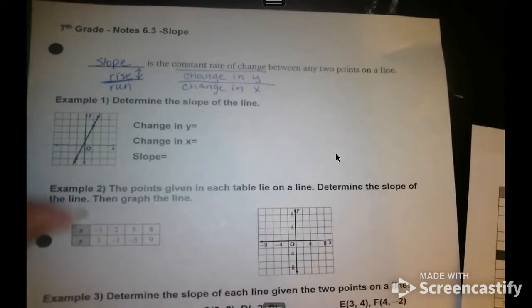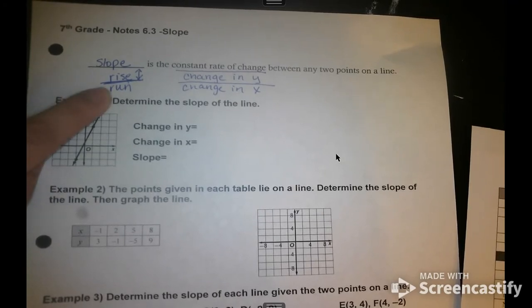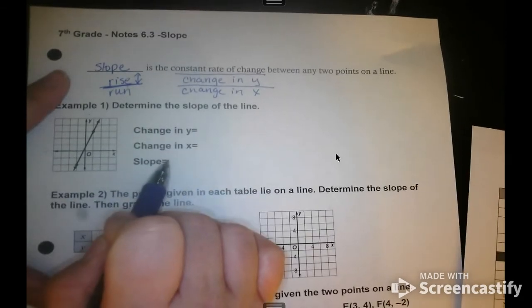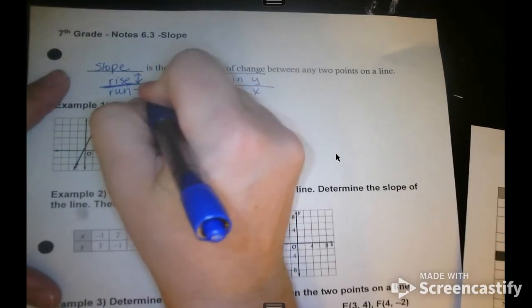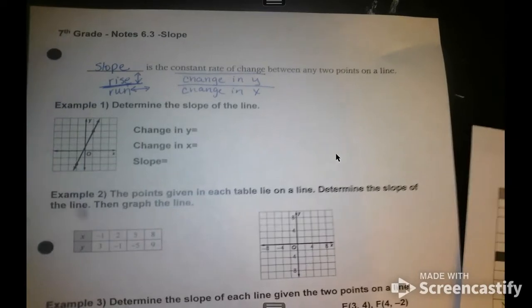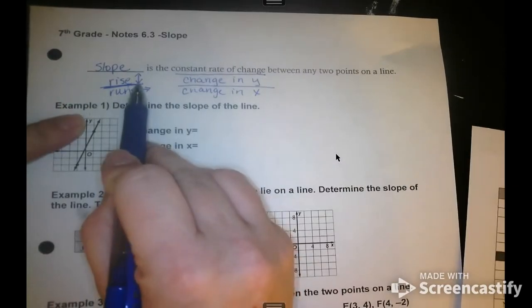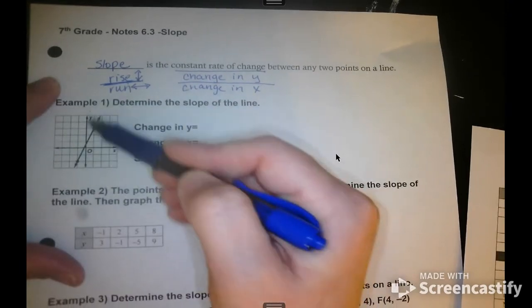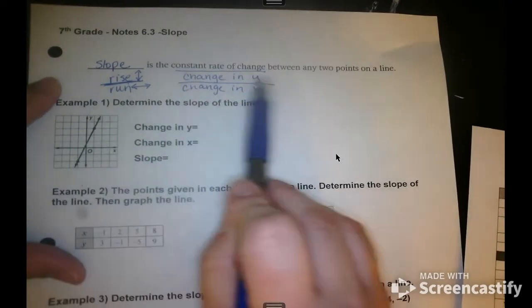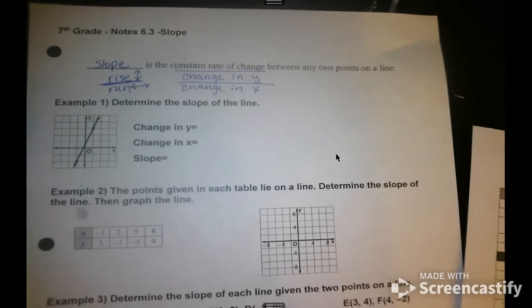If our slope was negative, the rise would be going down. Okay, so run, can I run left and right? Yes. So that is my horizontal. Because isn't y going vertically? My vertical axis. And x, so y and x. It'll make more sense once I show you how to use it, okay?